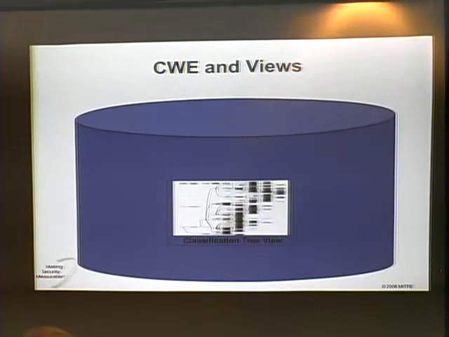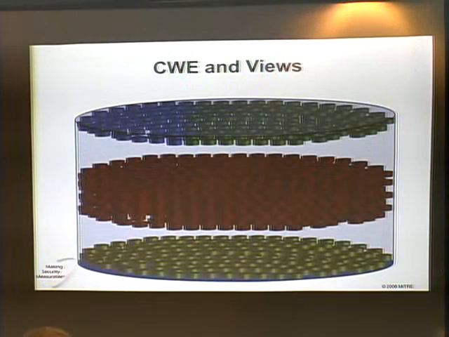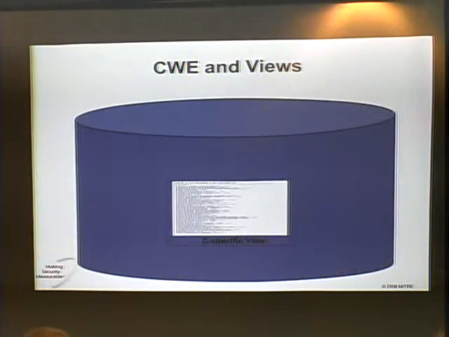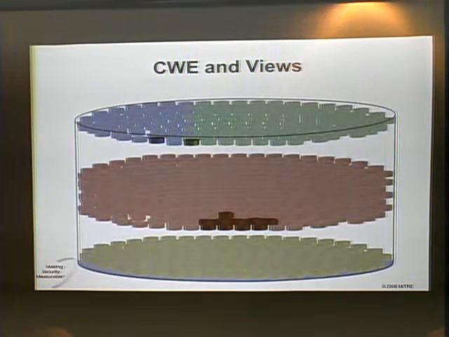So think of CWE as, yes, there are some people who want to look at all the views. There were a couple different views, but underneath it all, any particular view has some organizational nodes, some grouping type of parent, because it's of a higher abstraction of that weakness, and then some lower weaknesses that are of the same type.